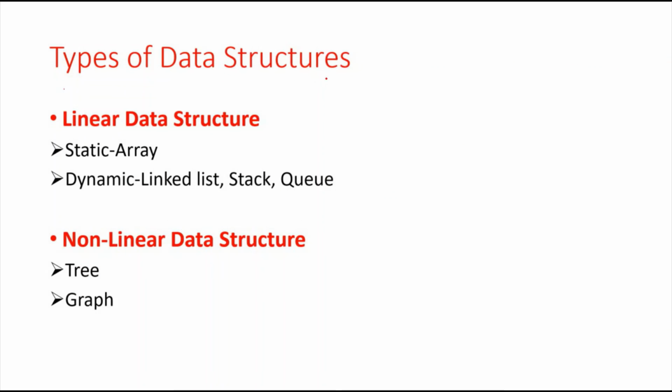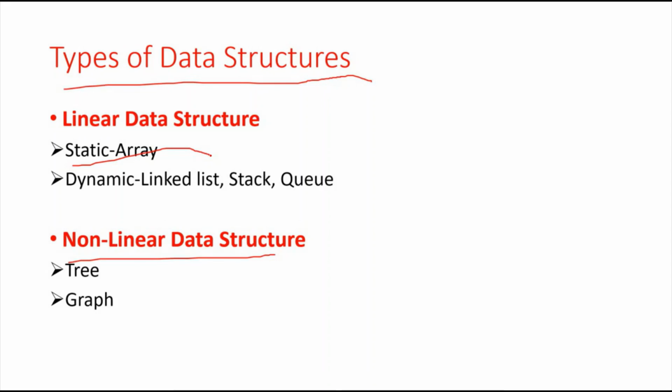next we have types of data structure. What are the types of data structure? Data structures are of two types: linear data structure and non-linear data structure. First of all, linear data structure has two types: static and dynamic. Static means arrays. Arrays are static in nature. We have fixed size. Arrays have fixed size.